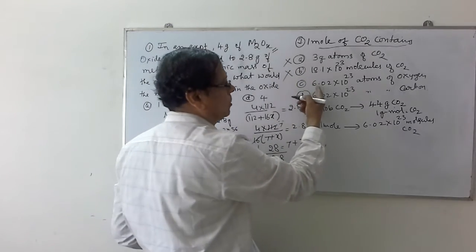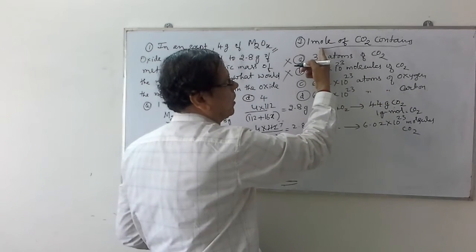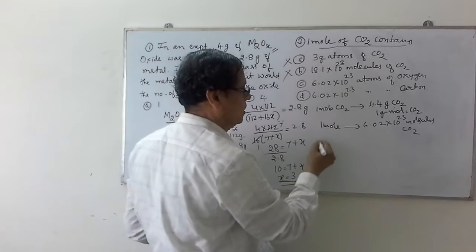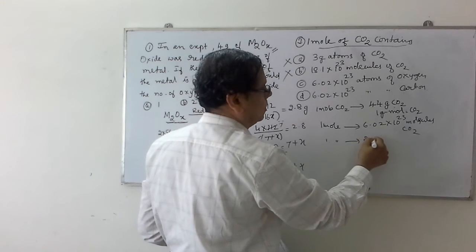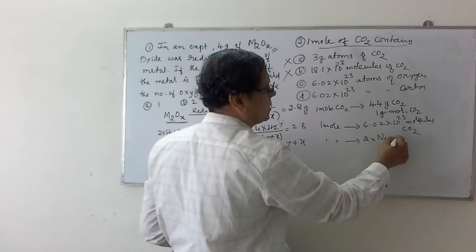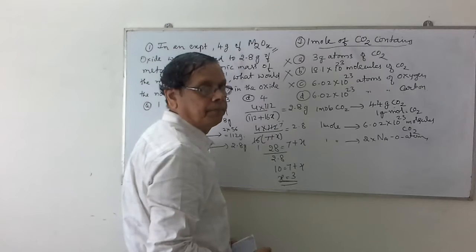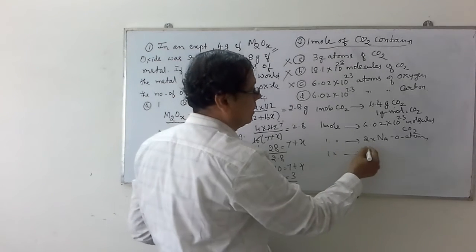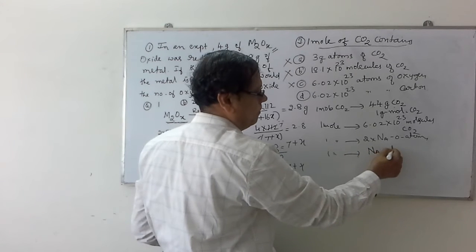Then 6.02 into 10 to the power 23 atoms of oxygen. 1 mole of carbon dioxide contains 2 into Avogadro number of oxygen atoms. So this is also not correct. But 1 mole of carbon dioxide contains 1 Avogadro number of atoms of carbon.